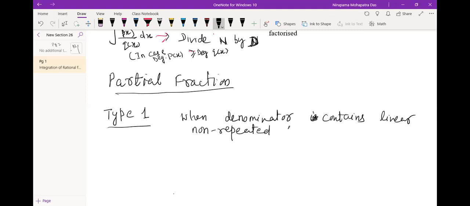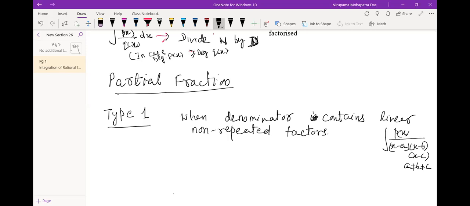Whenever we talk about linear non-repeated factors, whatever p(x) may be, the denominator should look like (x minus a) into (x minus b) into (x minus c), where a is not equal to b, not equal to c. So these are non-repeated linear factors.